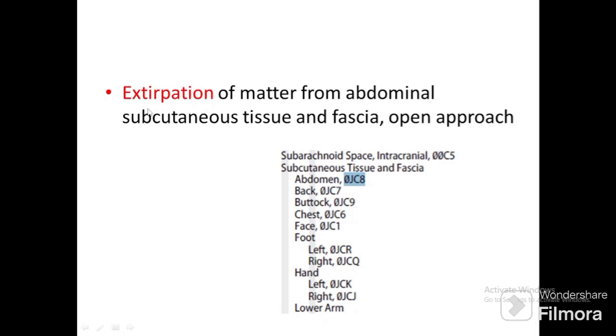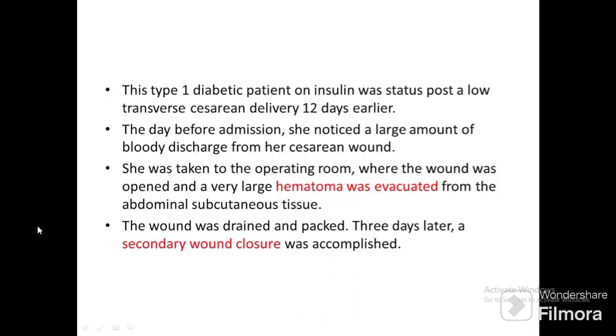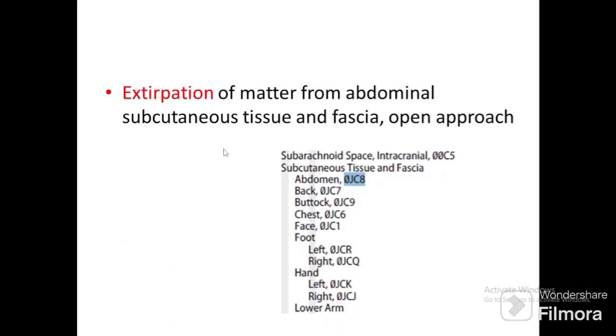Understood? You should not get confused with the term extraction. Extraction is different from extirpation. So here we remove this hematoma. So extirpation of matter from abdominal subcutaneous tissue and fascia. So we should use the term extirpation, and under extirpation in the index we should search for subcutaneous tissue. So under subcutaneous tissue here, the evacuation of hematoma is done in the abdominal region.